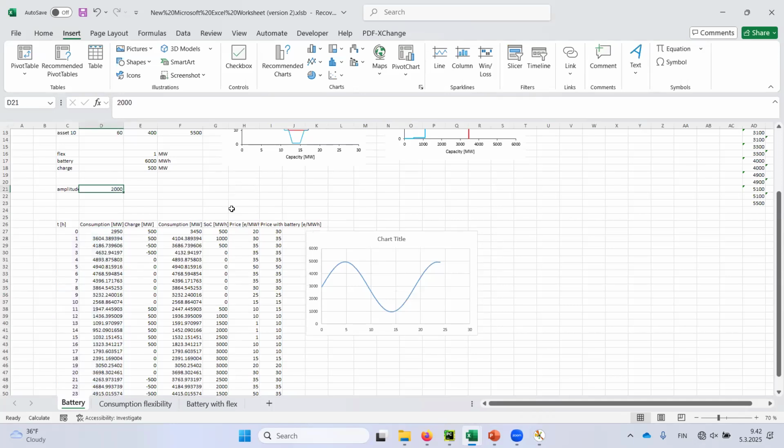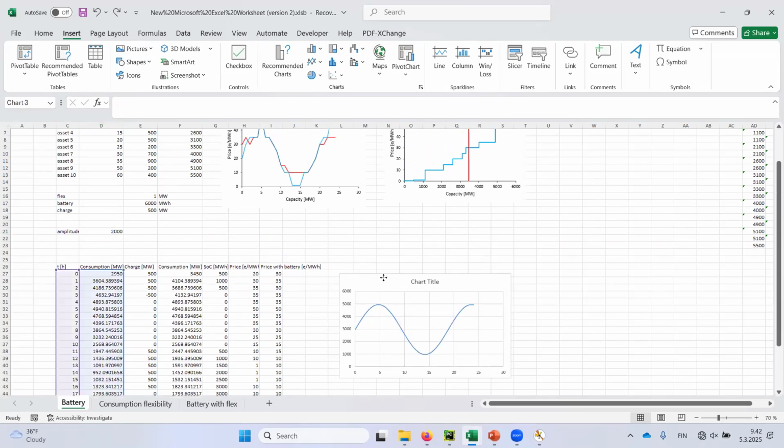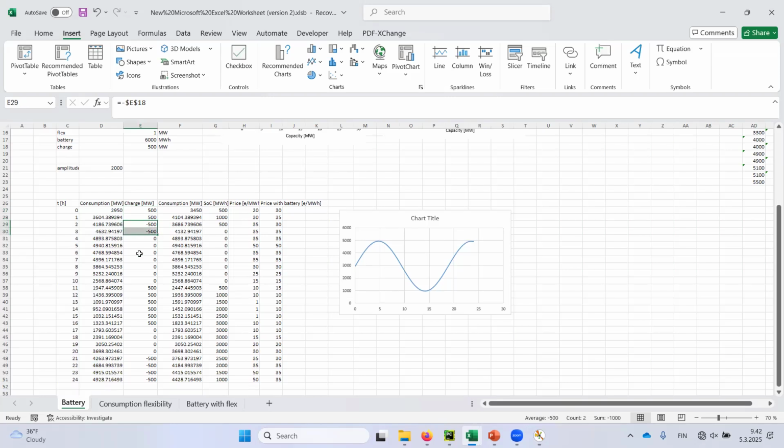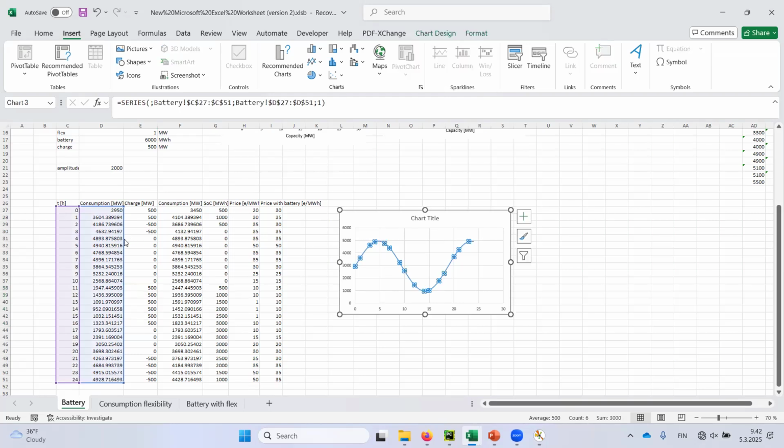And I can modulate the amplitude in here, so it shrinks the amplitude and so forth. But let's put, I have a kind of a charge and discharge strategy in here. So that's related to the electricity price.